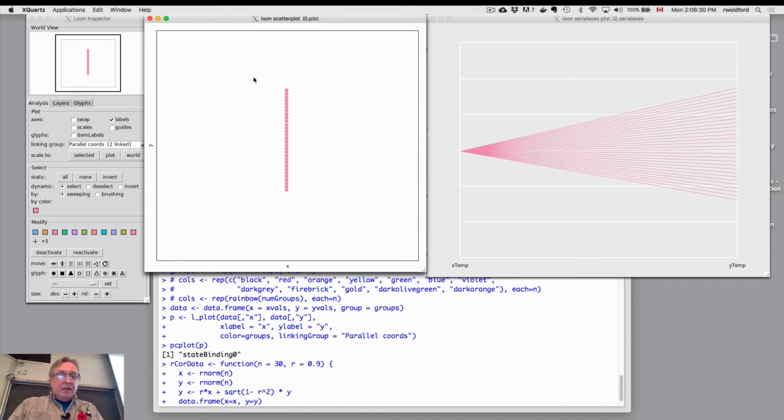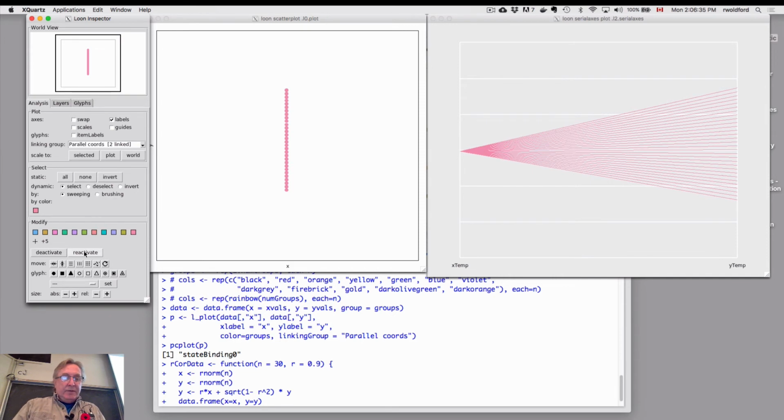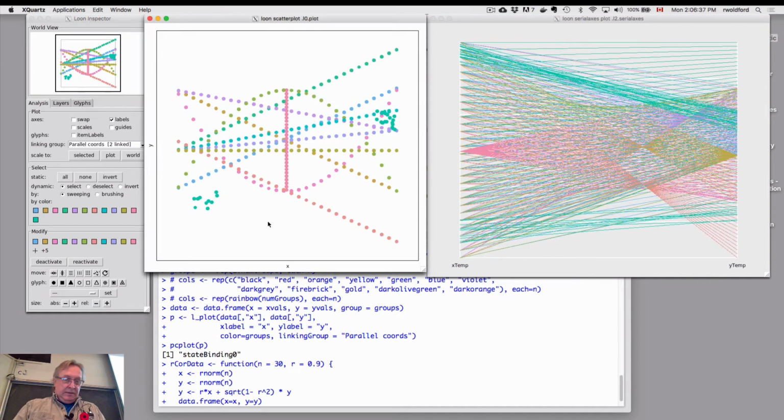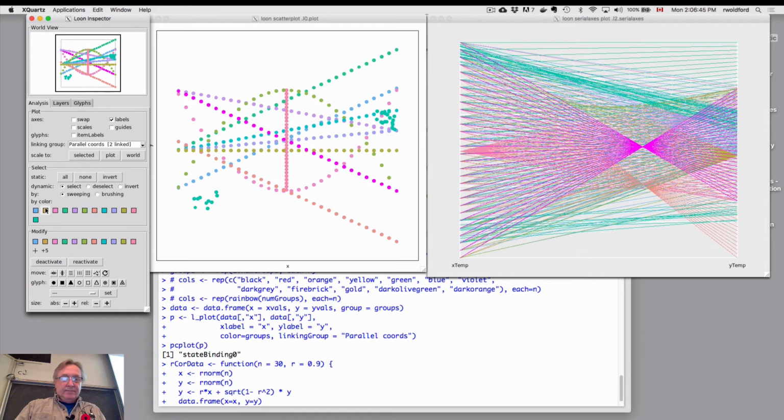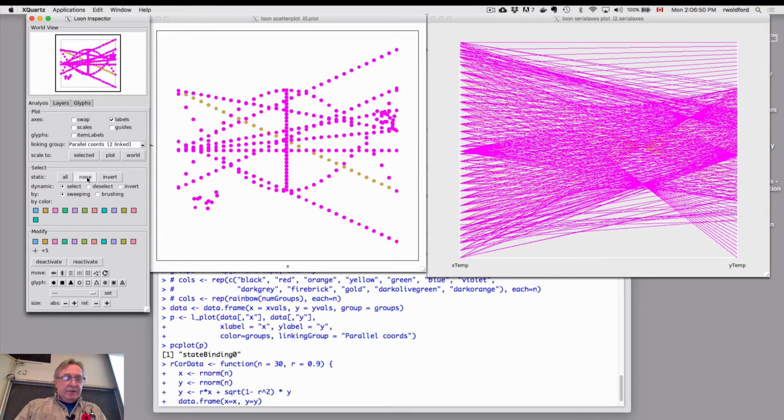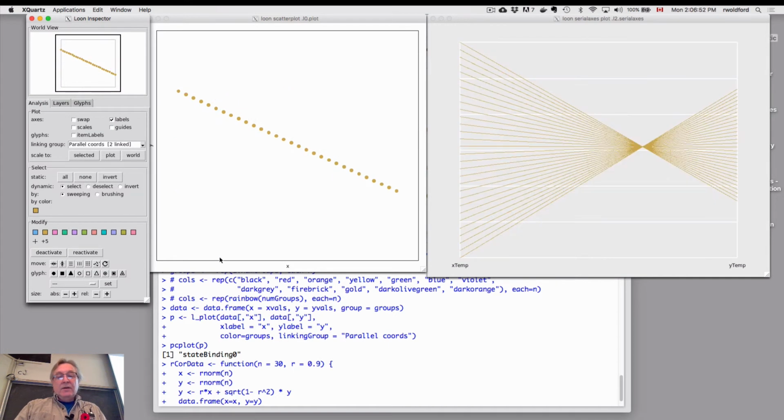So I've got a whole bunch of other examples here, so let me reactivate them and pick another one. So let's pick this guy and invert. Well, you can see that pretty easily, and deactivate the rest. So now there's a line in the two-dimensional Cartesian system, which turns into a point, being the point of intersection of these lines.